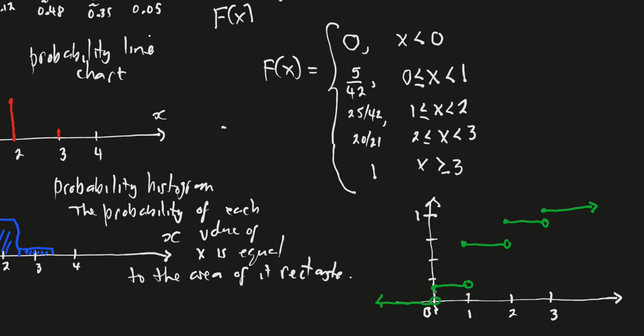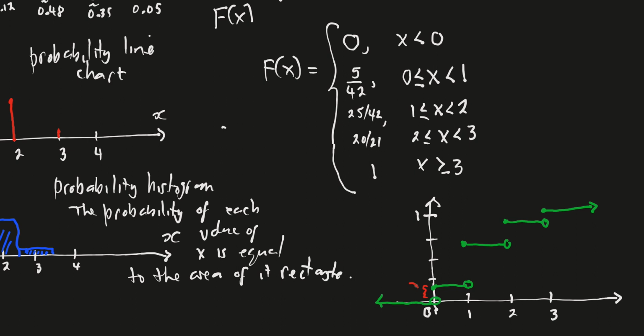So this was the jump of 5 over 42. This jump here is our 10 over 21 because we accumulated that to get to this height, right? And then this jump right here is our 5 over 14. And then finally, this jump here is the 1 over 21, right? Let's actually label that if we can, because they're kind of small.